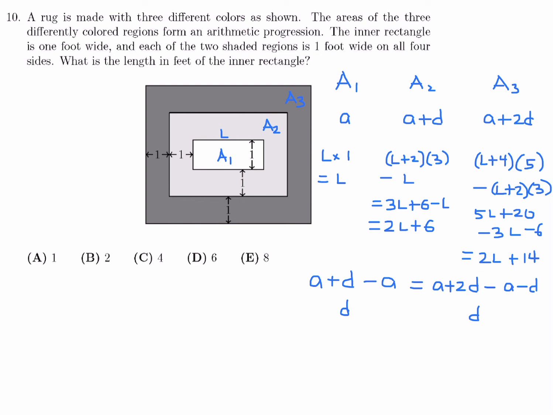And when you do, you get 2L plus 6 minus L is equal to 2L plus 14 minus 2L minus 6. So that is L plus 6, and this looks like 8. So that means L is equal to 2. And that's it. So number 10, the answer is 2, and that would be choice B.